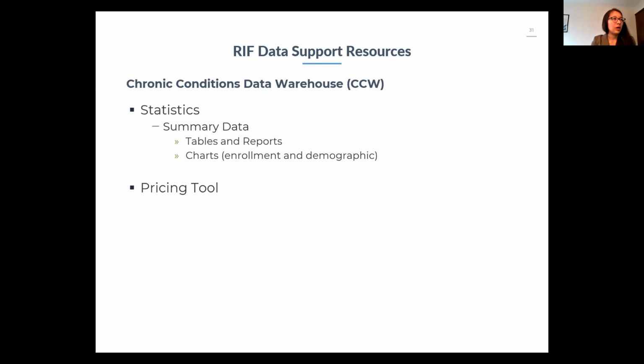And I'm just going to wrap up with a couple resources specific to research identifiable files. So the Chronic Conditions Data Warehouse is the CMS data distributor. They're another CMS contractor. They have information on their site that is going to be specific to the RIF because they're distributing the research identifiable files. So they do have some summary statistics.